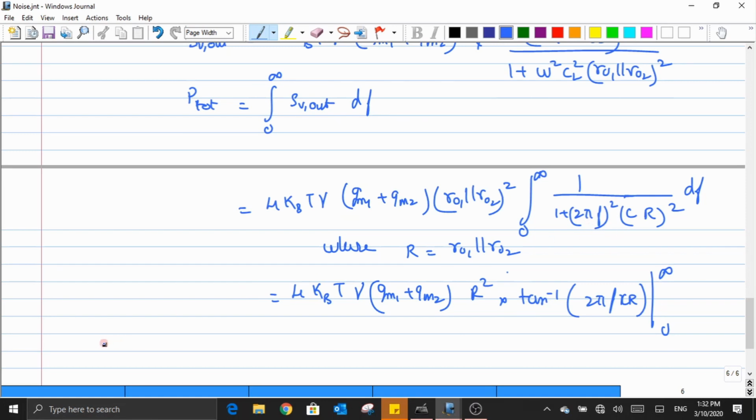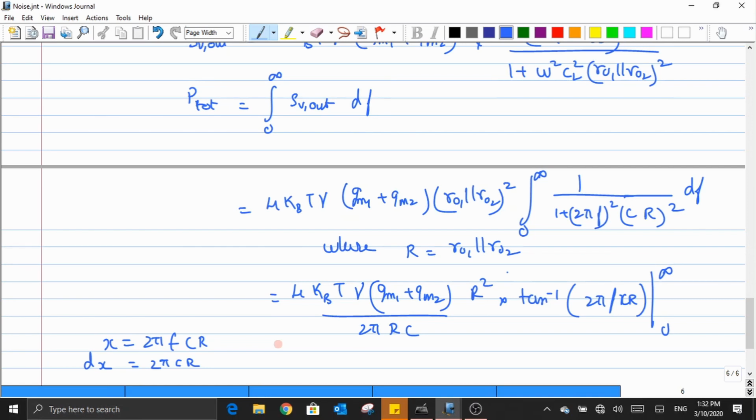So if I consider x to be equal to 2 pi f CR, I have to multiply and divide by this 2 pi CR. Yeah. So now the integral will be proper.